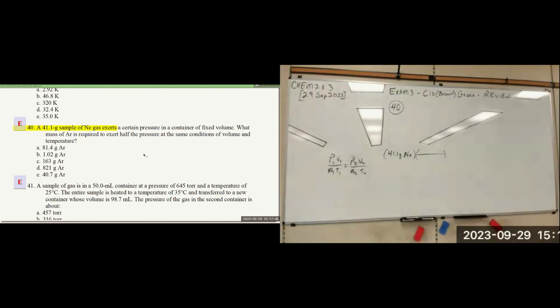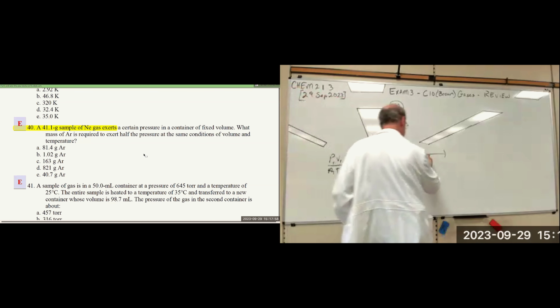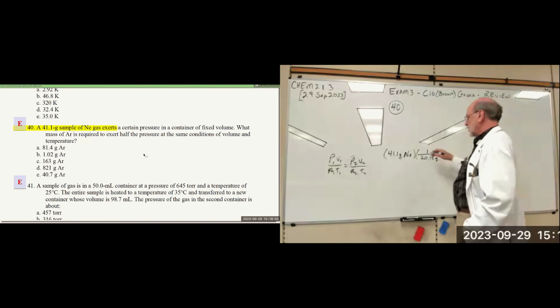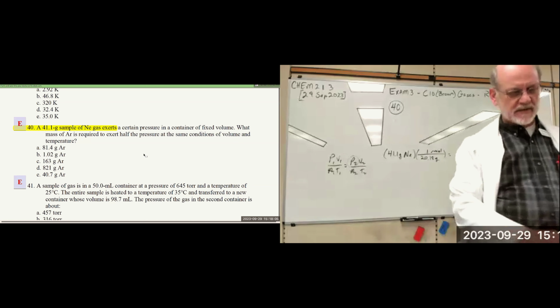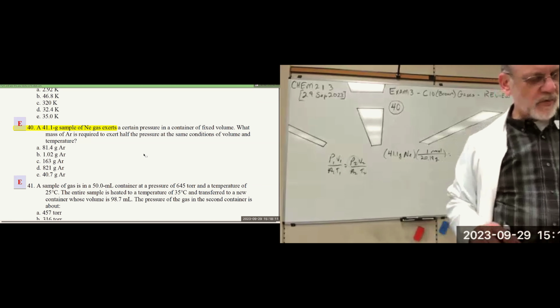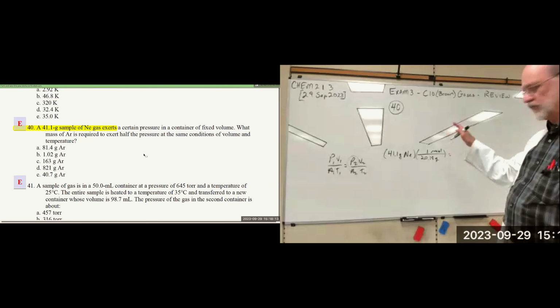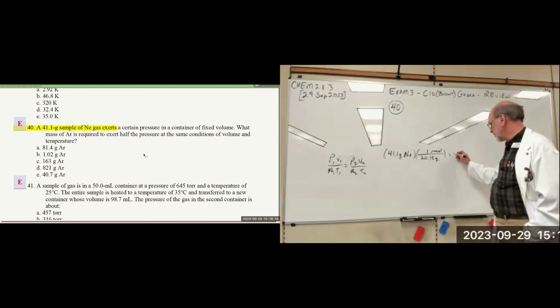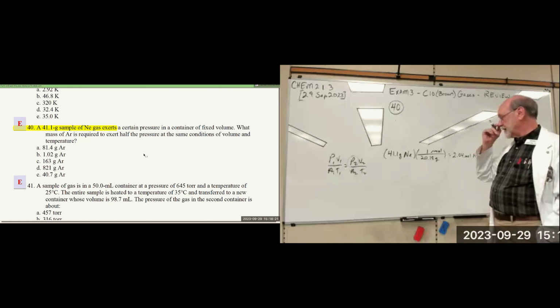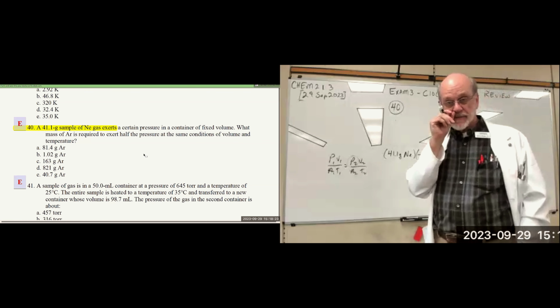I got a glare on that thing over there. We'll look at this one. 20.18 grams per mole for neon. So 41.1 divided by 20.18 is 2.04 moles of neon under those conditions.